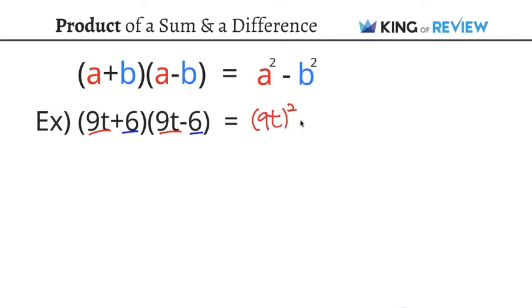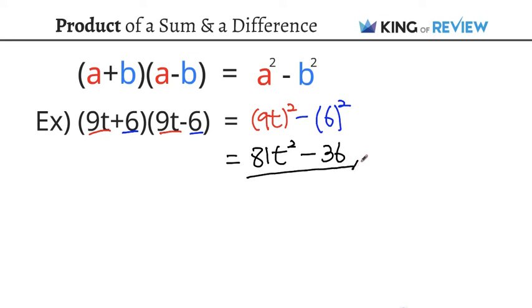And then minus the last one squared, 6 squared. So this is equal to 9t times 9t, that's equal to 81t squared, right? And then minus 6 times 6, that's equal to 36, right? So 81t squared minus 36. This is the answer of this one, right?